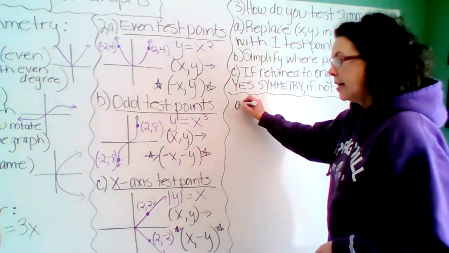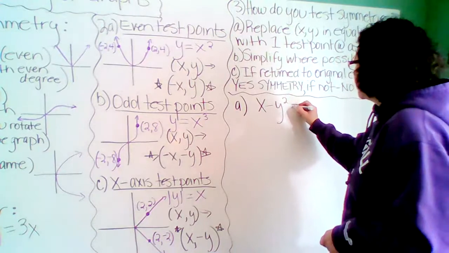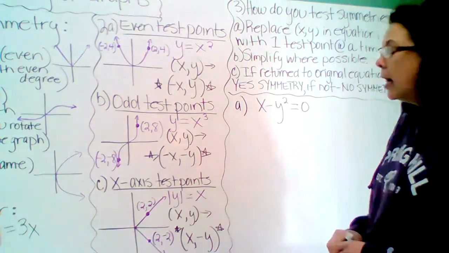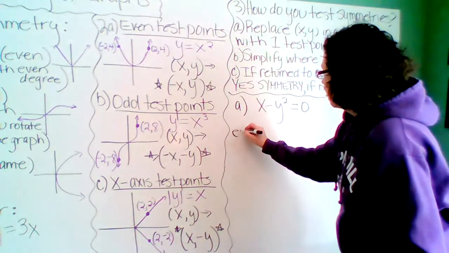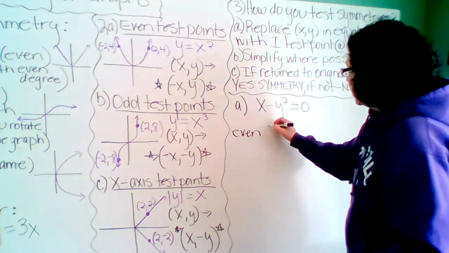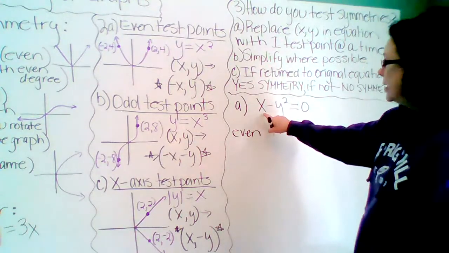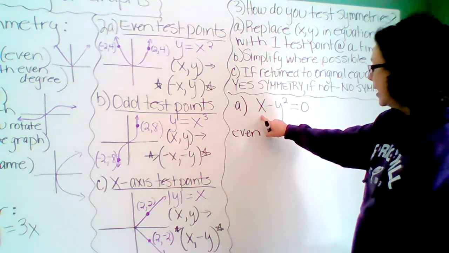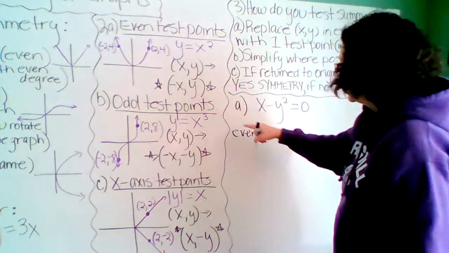So the first example: x minus y squared equals 0. Let's test for even. For the even test point, wherever I see an x, I put in a negative x, and wherever I see a y, I'm going to keep it.